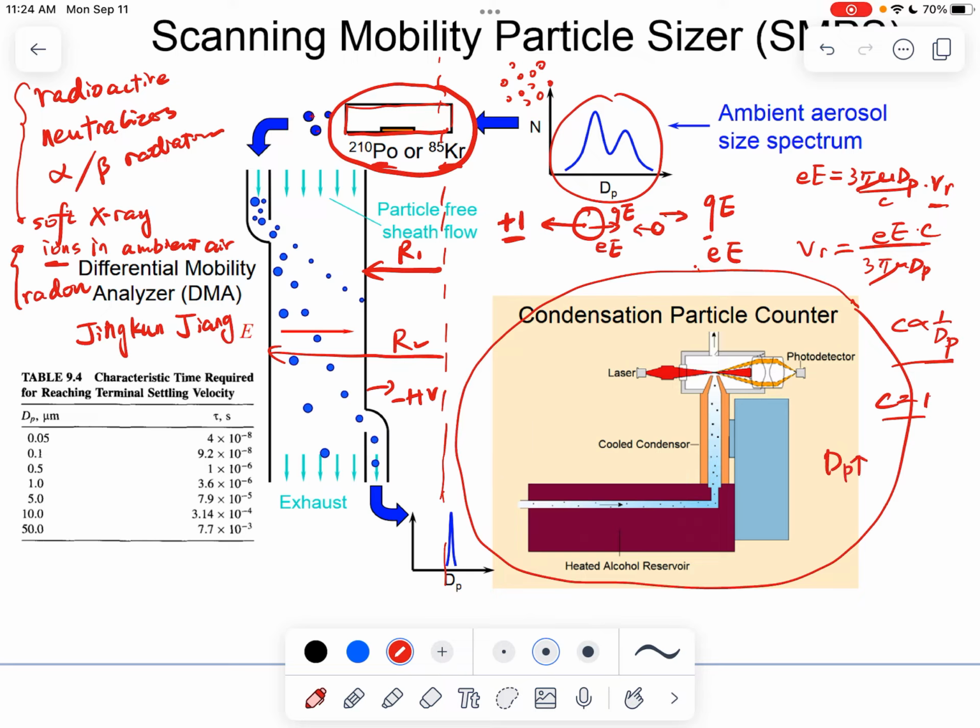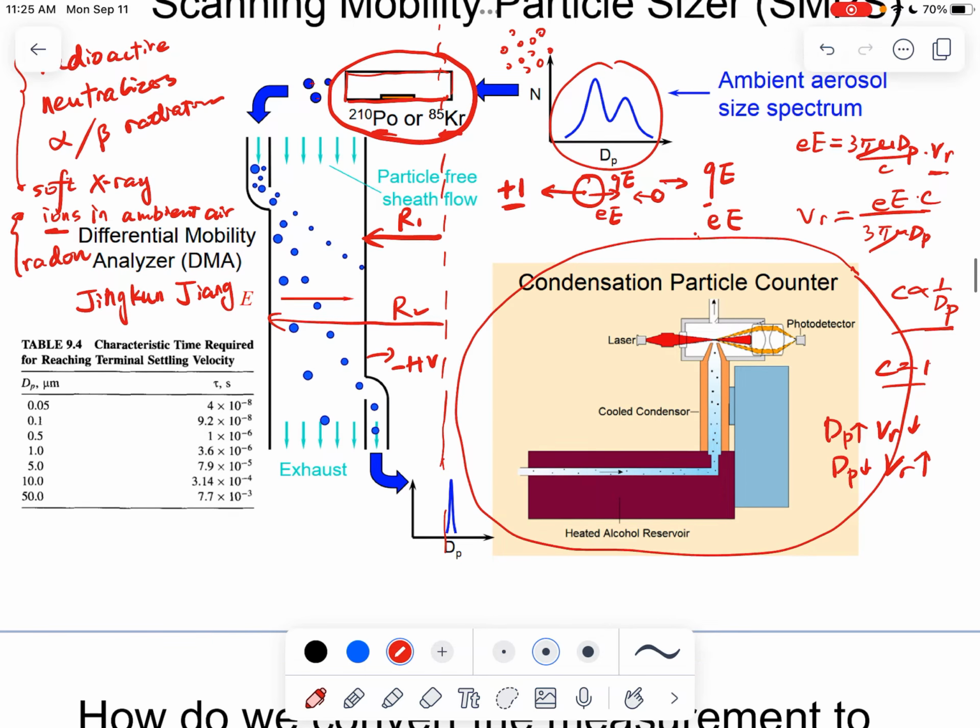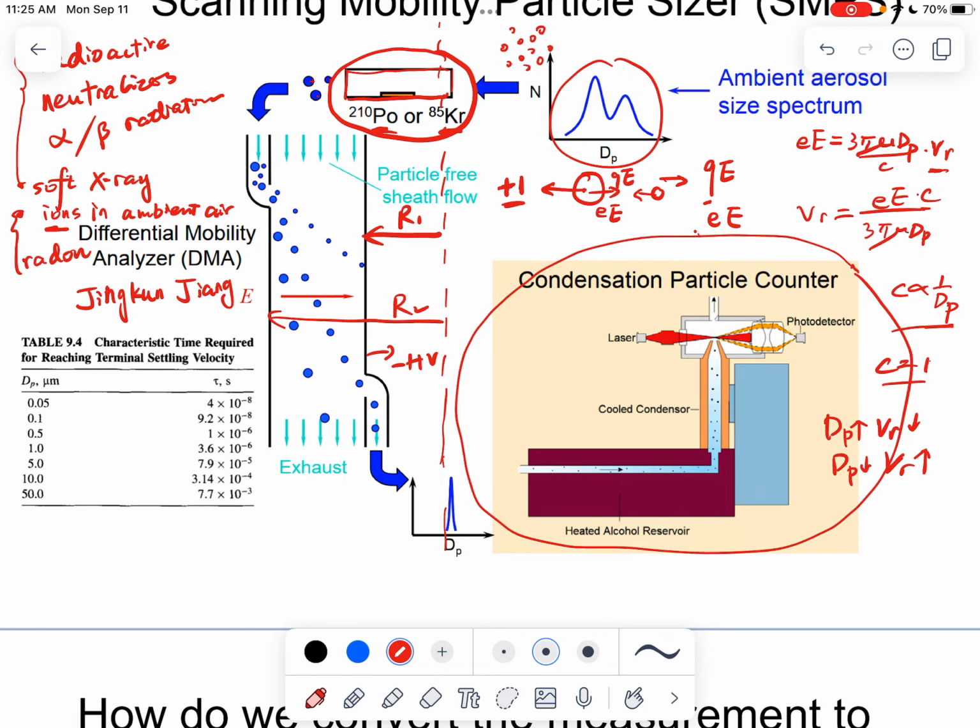Overall, whether it's proportional to 1 over dp or equals 1, when the particle size increases you get a smaller horizontal velocity, and when the particle size decreases you get a larger horizontal velocity. So the smaller particles move faster compared to the larger particles. That's due to the balance between the drag force and the electrostatic force.